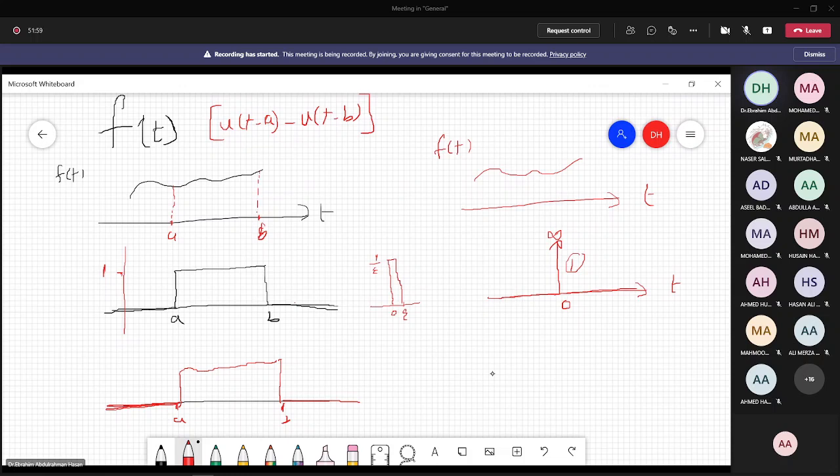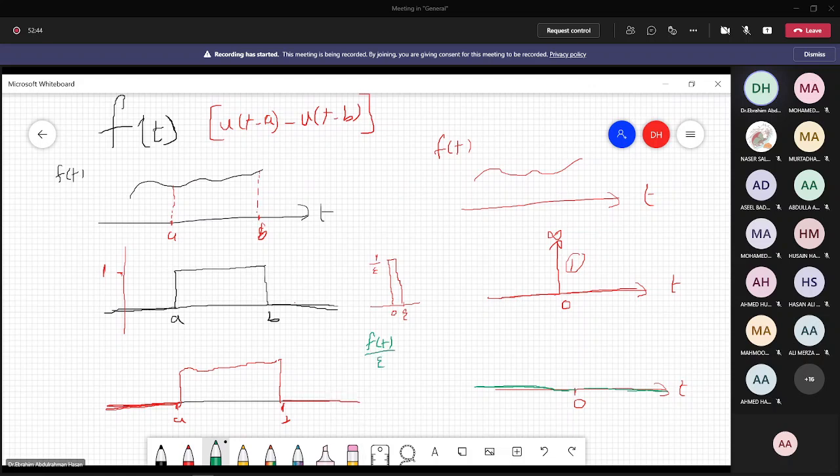If you multiply this one with this, then before 0 it is equal to 0, and after epsilon, again, it's equal to 0. Between 0 and epsilon, it is equal to 1 over epsilon multiplied by whatever we have here, which is f of t divided by epsilon.